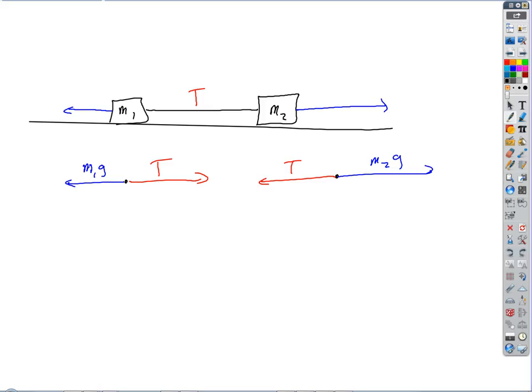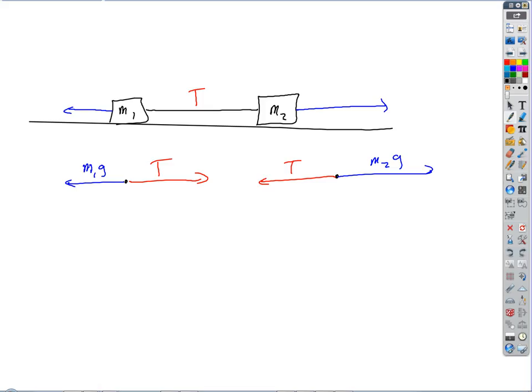So the whole system's going to move this way because that has a larger mass hanging. But it's not going to accelerate at 9.8, or roughly 10 meters per second squared. How come? Because that net force has to pull both masses, not just one. It's got to pull both of them, right?